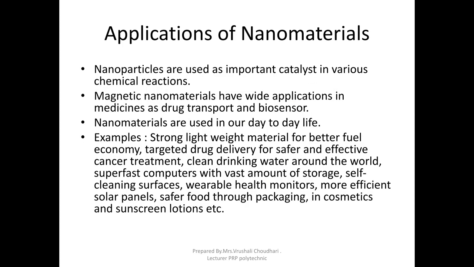It also acts as an important catalyst in various chemical reactions. What is a catalyst? It increases the speed of a reaction. So if we use a nanomaterial, the speed of reaction increases and we achieve output in a smaller duration.